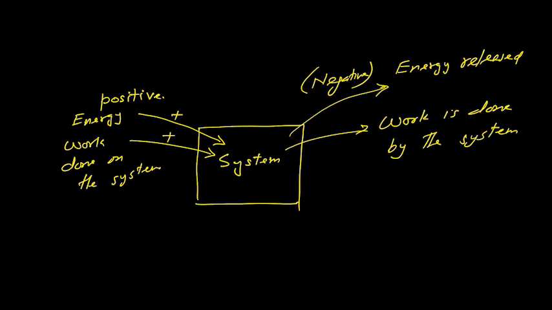Okay. Both have unit as joule or electron volt. This convention you need to remember. Otherwise, there are high chances that you will be making mistakes in the sign of energy change. If you remember this convention and write it down somewhere: if it is in the system, it is positive, means here absorption of energy.